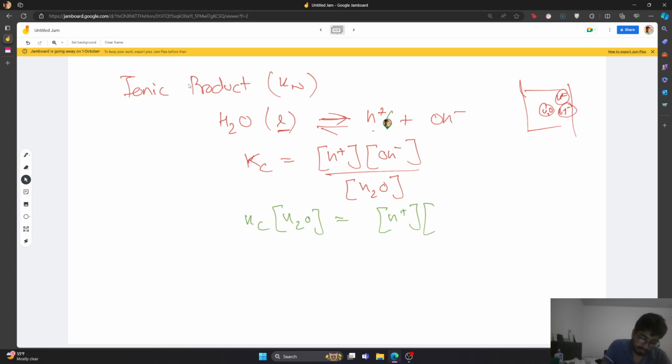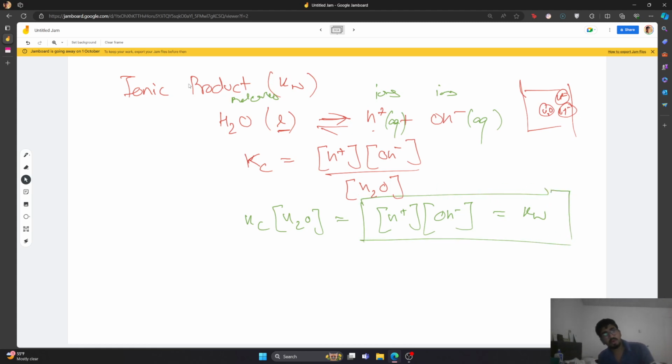But both of these are aqueous, right? Like inside water in a way. It's weird calling it inside water, but the idea is these are H plus ions, right? On this side you have molecules, right? So you want to look at ion concentration. So this product is what we call Kw, the concentration of H plus times the concentration of OH minus. And what we know is Kw for water is always equal to 10 power minus 14 all the time.